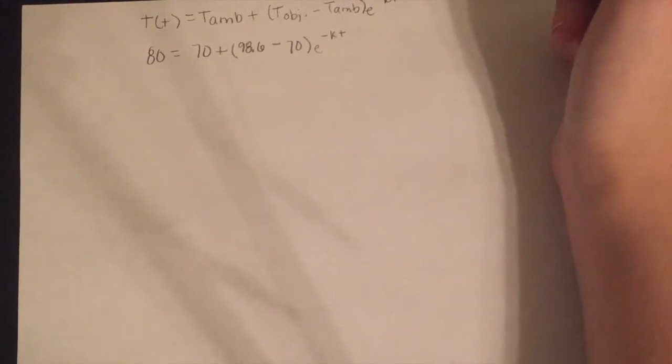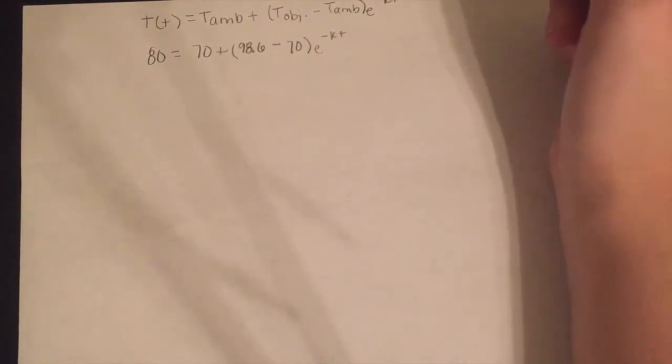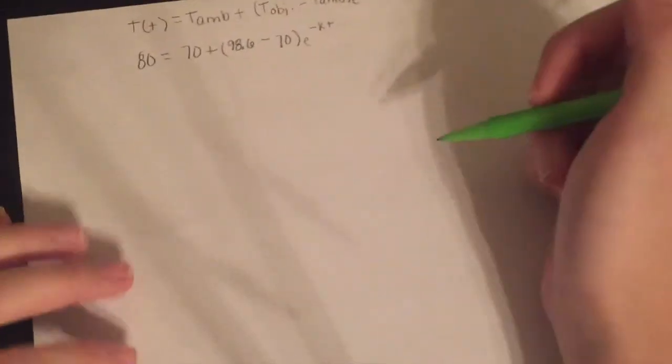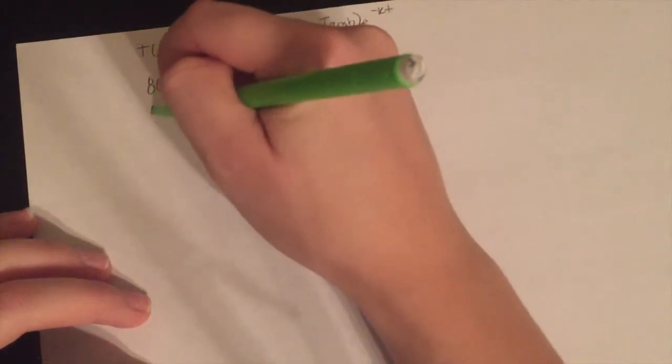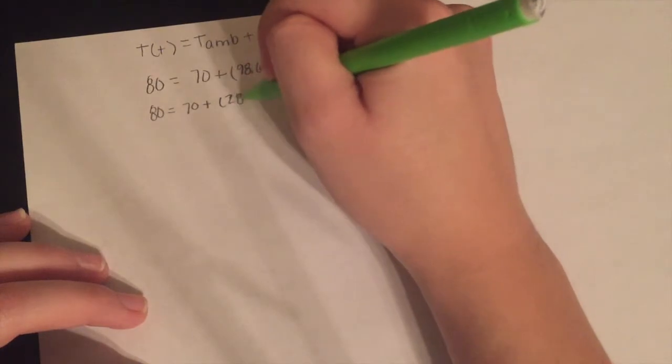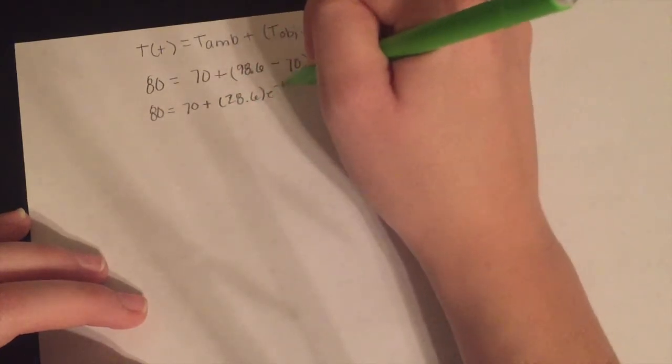This time we actually know k, but it's kind of long to write out, so I'm not going to write it out to the very end. Next we add what's inside, or subtract what's inside the parentheses. So if we rewrite the equation, it's going to equal 70 plus 28.6e to the negative kt.